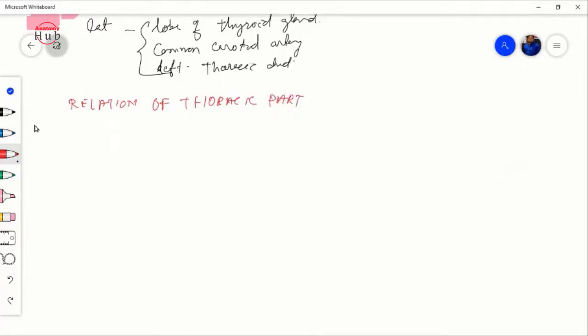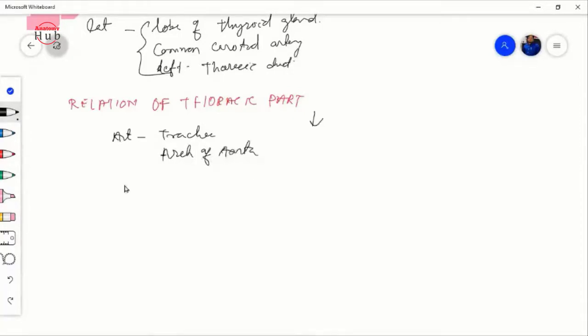Okay, so anteriorly, who can say what we will get? Anteriorly you will get the trachea. I am just telling from above to down. You'll find the trachea. Then you'll find the arch of aorta.